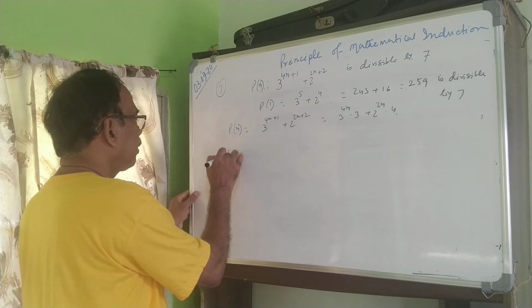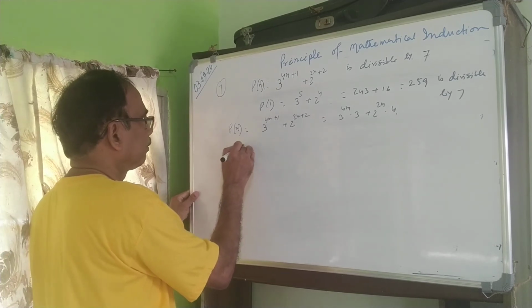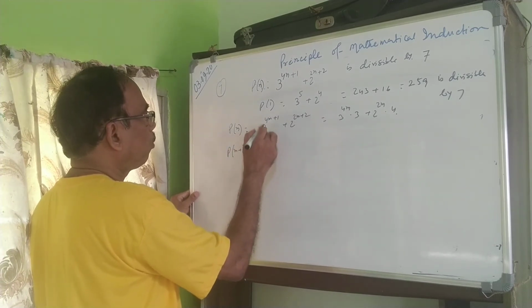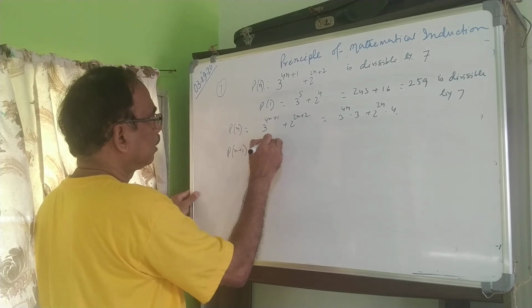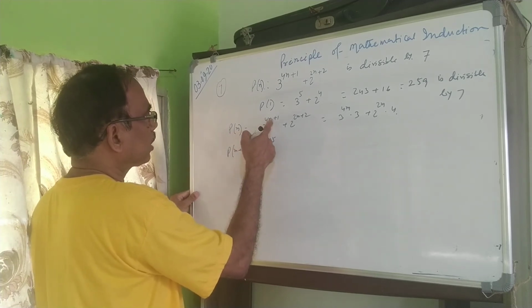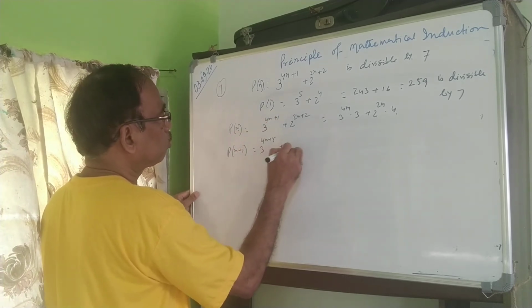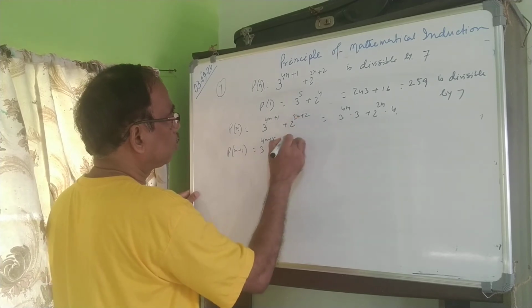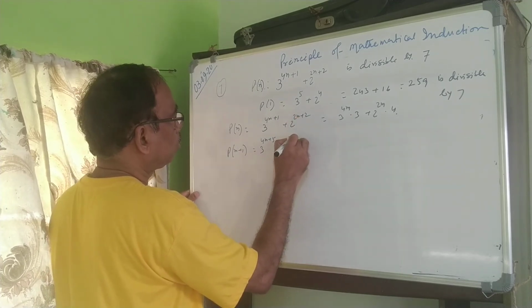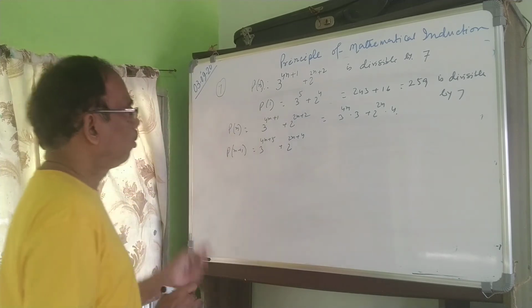Then Pm plus 1 is 3 to the power 4m plus 5, because 4 plus 4 plus 1, plus 2 to the power 2m plus 4.